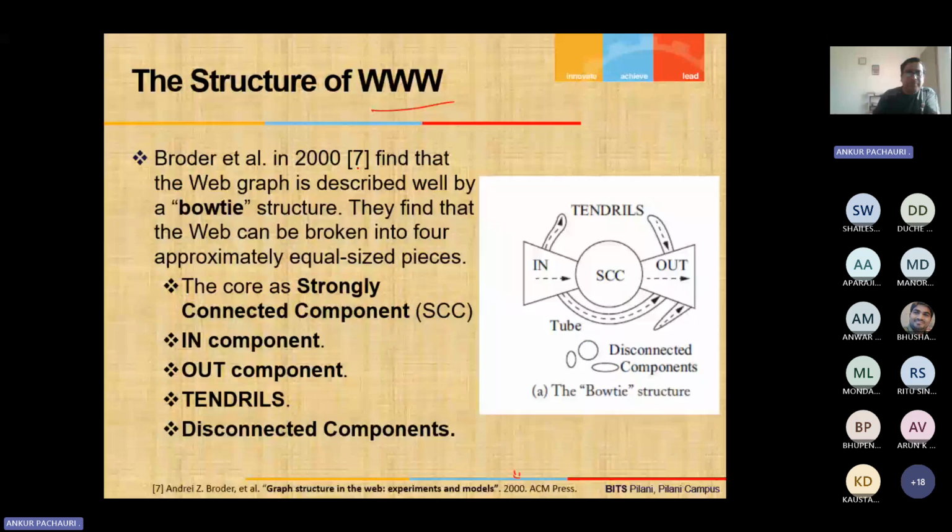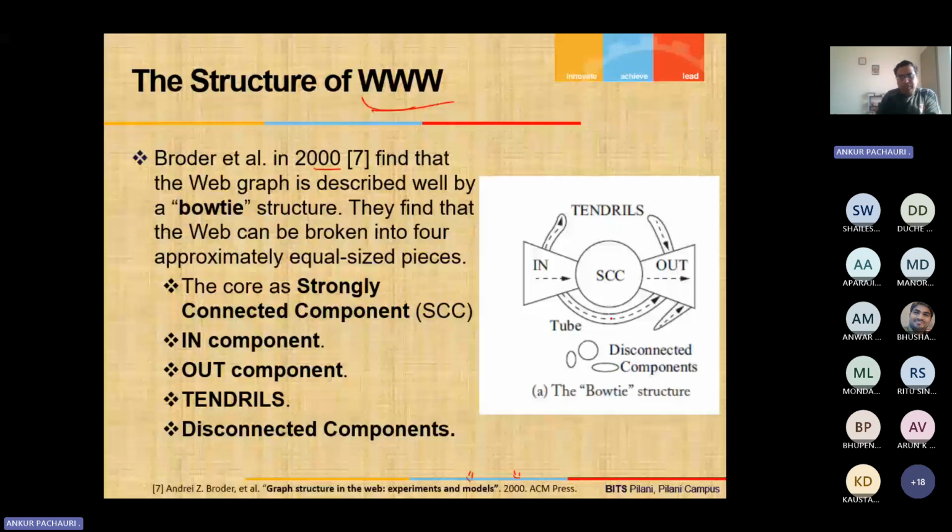So he performed web scraping on the World Wide Web, all those web pages and their links, and that will be a directed graph. It was the same work which came up with the in-degree and out-degree power law. And this is the paper. So he performed the web scraping on the WWW, and then he came up with a structure of the internet.